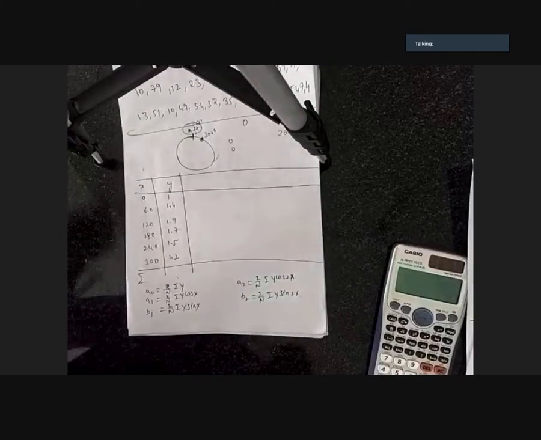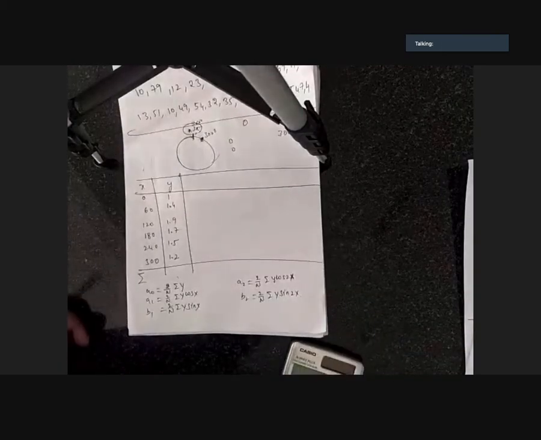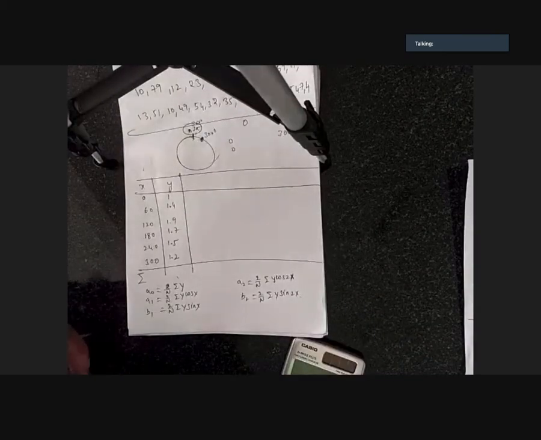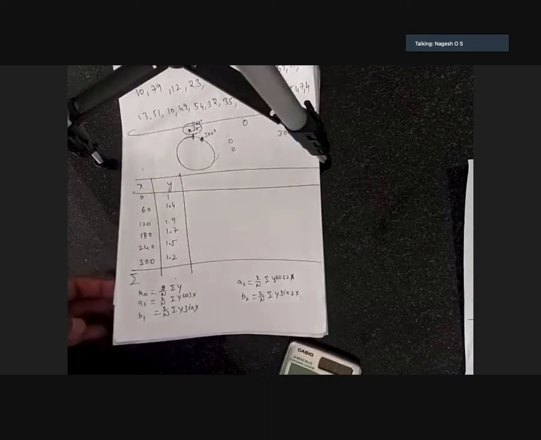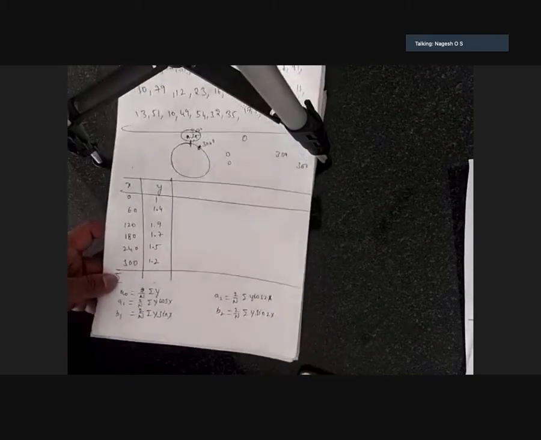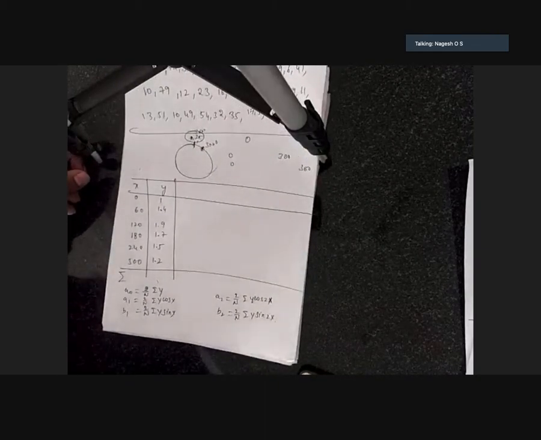Now, in Calc, those who didn't understand the previous one, how to calculate in Calc, listen here. I will explain it step by step again.